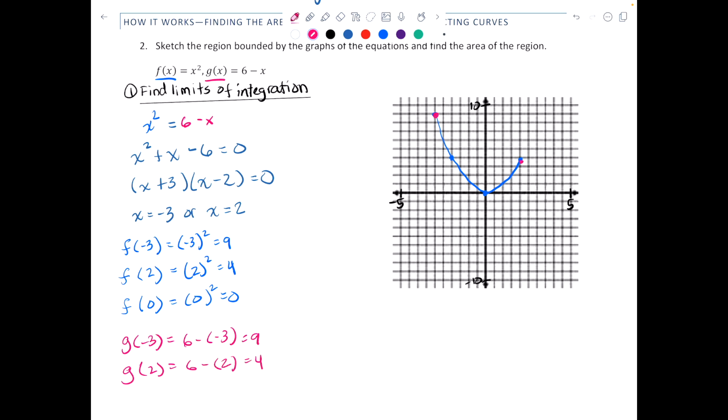And we just have 2 points, and that's all we need to graph our line. Good so far? Awesome. All right, and so our area region is in here, and do you see how it's all contained? You don't need any vertical lines to seal up that area region.